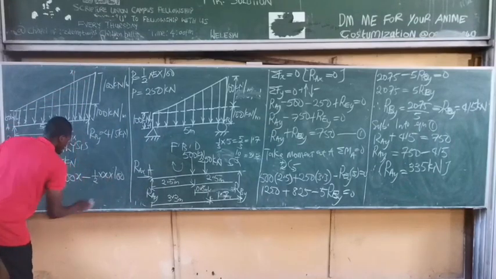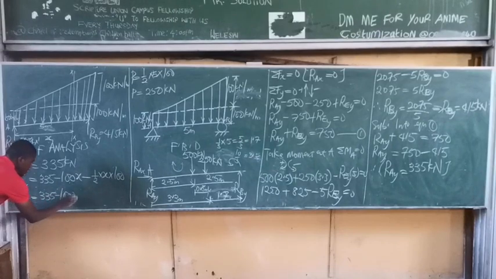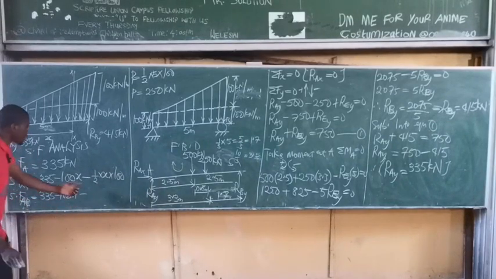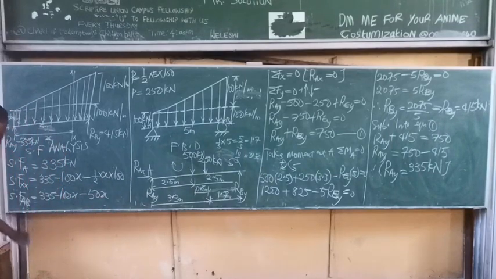So the shear force along A to B, which you can simply call shear force AB, is 335 minus 100x minus, of course, 1 over 2 times 100, which gives us 50x.